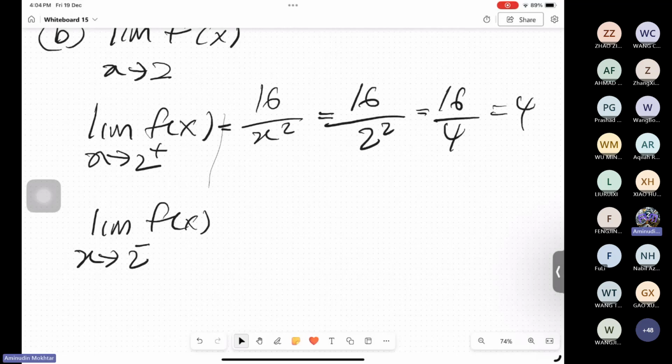In other words, we have to choose any value of x that is less than 2 but close to 2.